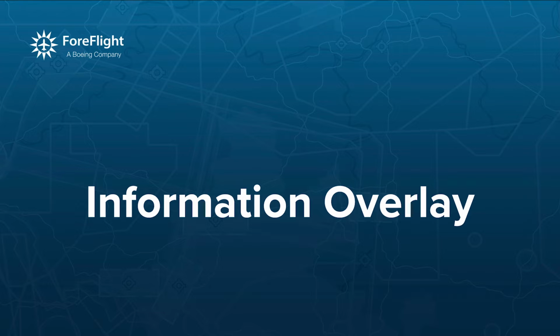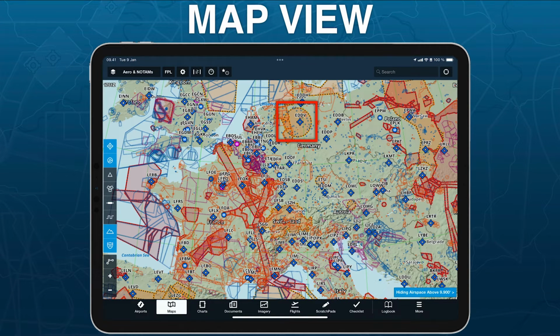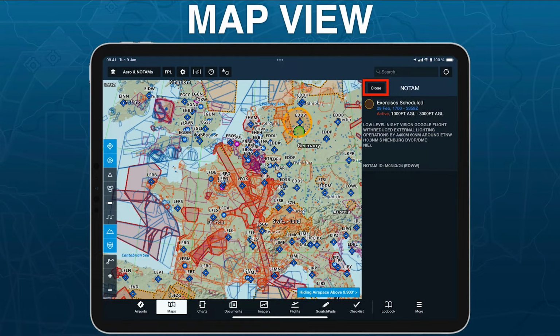We have some more information overlays available. One already mentioned is the NOTAM map overlay. The NOTAM map overlay shows all active NOTAMs with geographic information. So if you tap in an area like here around Stendal, you can see that an exercise is scheduled.